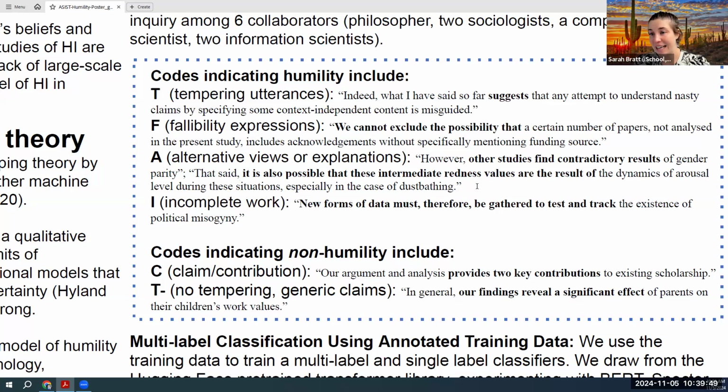So this study was about hens and blushing, what makes hens blush. So they want to explain their results. They have one hypothesis. The hens blush when they're around roosters because of the romance of that. But they're saying, oh, maybe our hypothesis is not the case. Maybe it's also possible that this blushing is the result of dynamics of arousal level, such as during dust bathing. So they're really active when they're dust bathing.